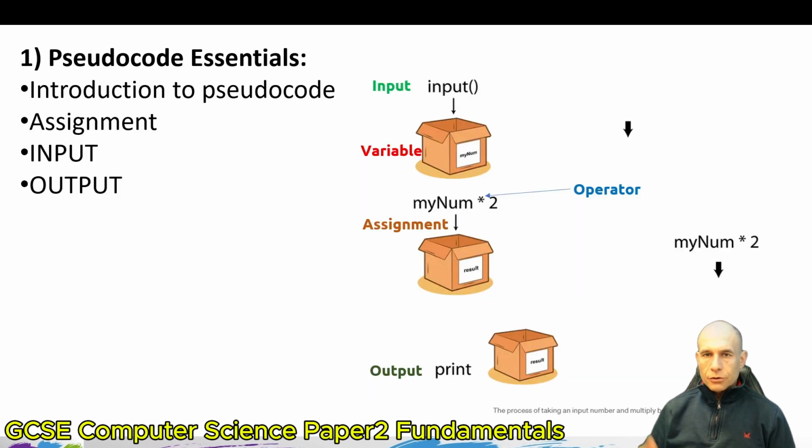Now, you heard about all of these things related to pseudocode, right? So pseudocode, we have it for this OCR exam and also for AQA. So let me talk to you about pseudocode. The name might be a little bit weird, but it just means a way for creating programs. You may have heard about computer languages like Python, C#, C, C++, Go, Rust.